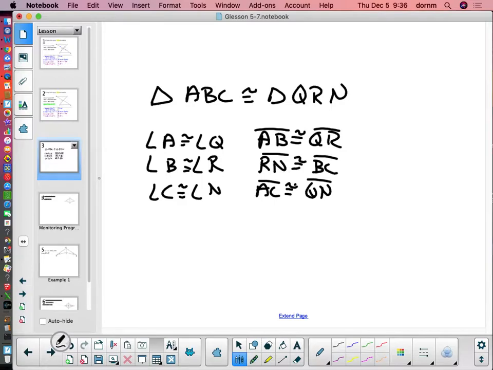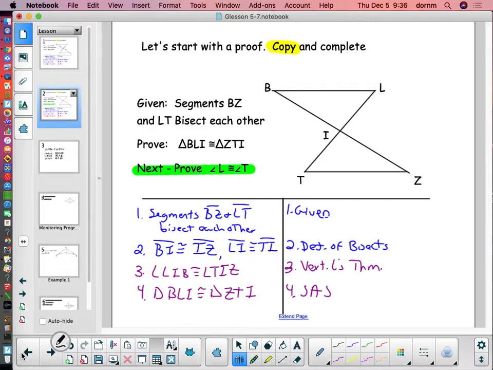Well, we're kind of going back to that now, saying, all right, now I know the triangles are congruent. I knew, as part of proving that with my shortcut, I knew these pieces were congruent. We did that. That's all up here. But what I didn't know about was BL and TZ.